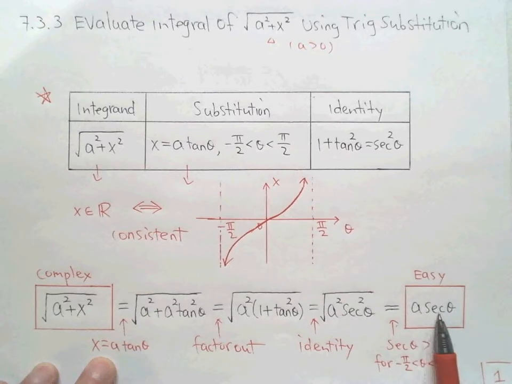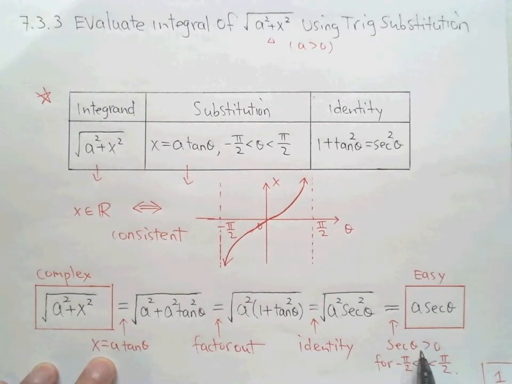Why is secant positive? Theta belongs to negative pi/2 to pi/2, which means quadrant 4 or quadrant 1, and cosine is positive in both quadrants. The reciprocal secant is also positive. Definitely there is no negative here. This is very easy.